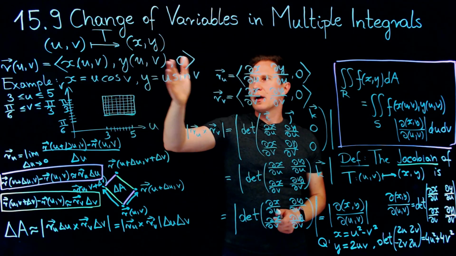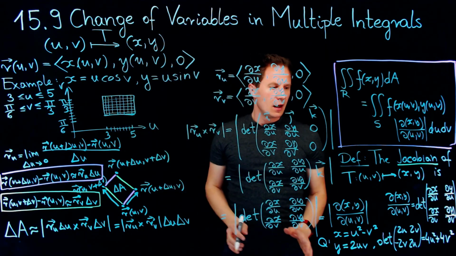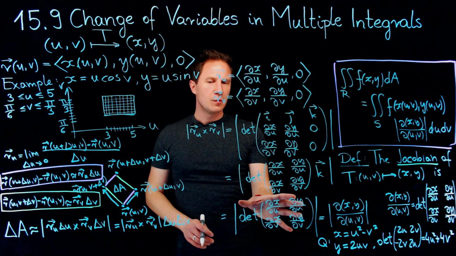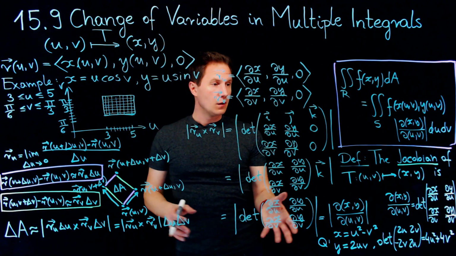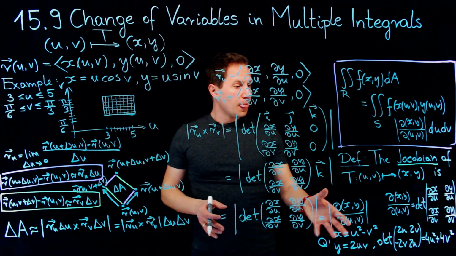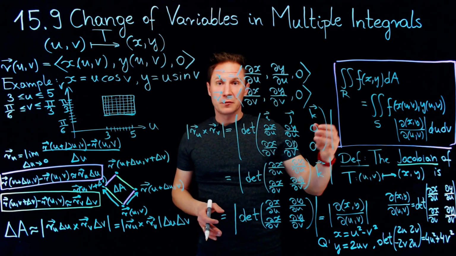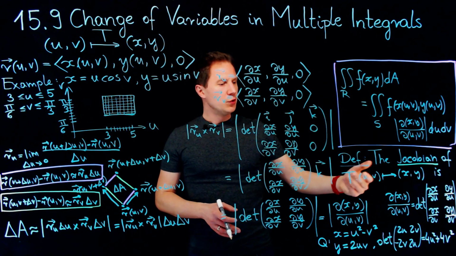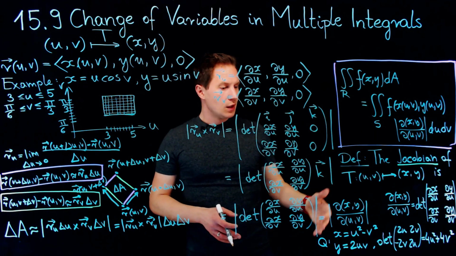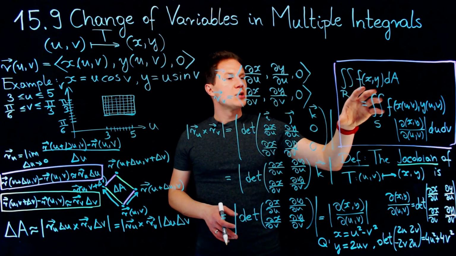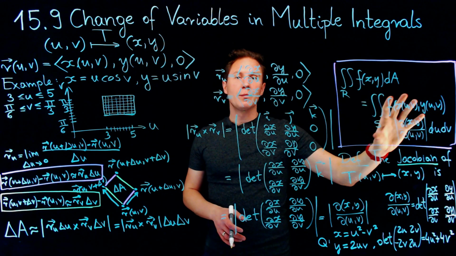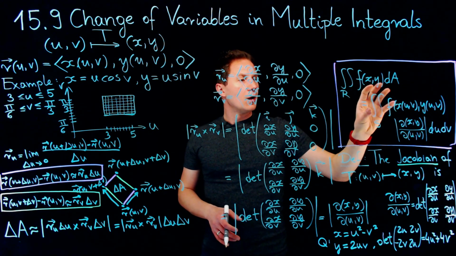The same story generalizes, and what we end up with is a 3 by 3 determinant, also called the Jacobian, which contains the partial derivatives of x, y, and z with respect to u, v, and w in each of its rows, and that gives us the transformation from a triple integral in terms of x, y, and z into a triple integral in u, v, and w.